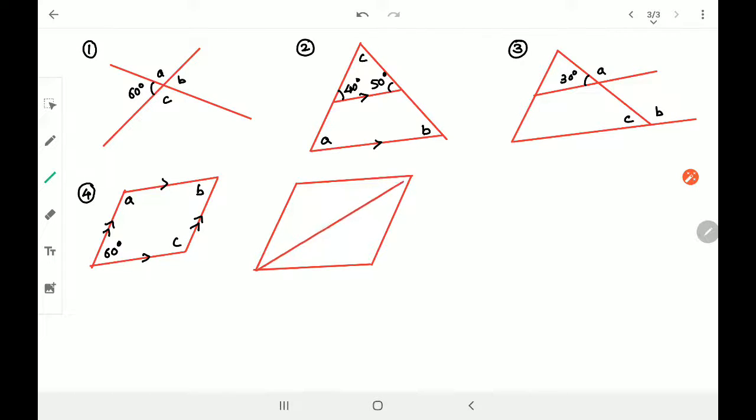So I joined a diagonal. So this angle is 30 degrees, and this angle is 100 degrees. You have to find A, B and C. I don't know whether you will be able to find this answer or not. It's going to be difficult for you. So let's try working on it.